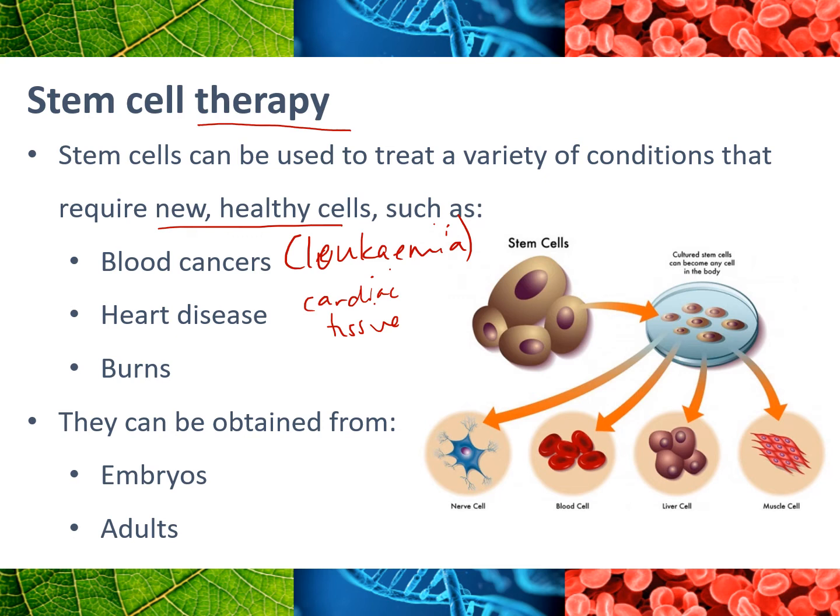The stem cells themselves can either come from embryos or from adults. And when we say adults, you'll see that it doesn't just mean someone who's over the age of 18. But we refer to either embryonic stem cells or adult stem cells, which we'll go through now.